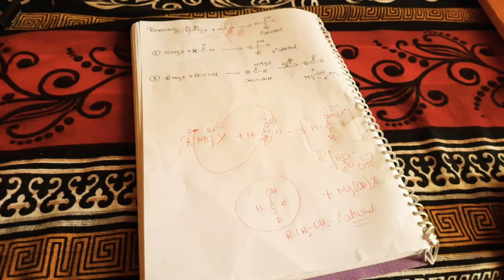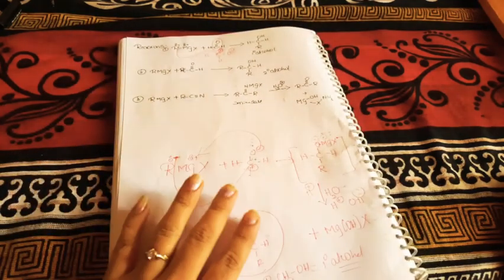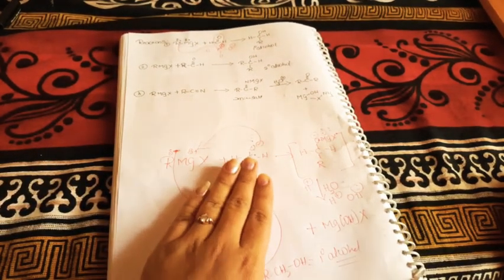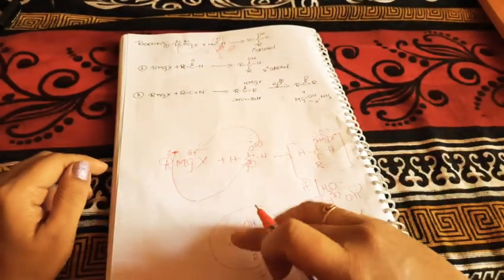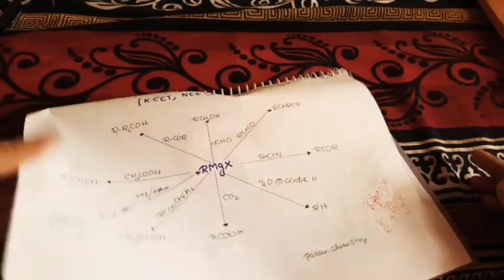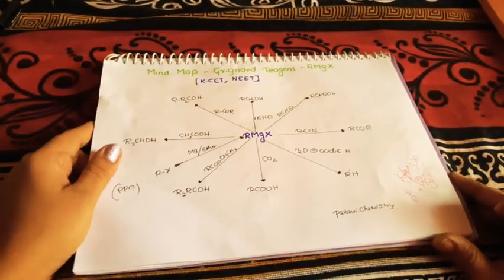So this is how the reaction will happen in all the cases. I have given only one example. You have to apply the same rule with the others, so that you can try to write a reaction for each.